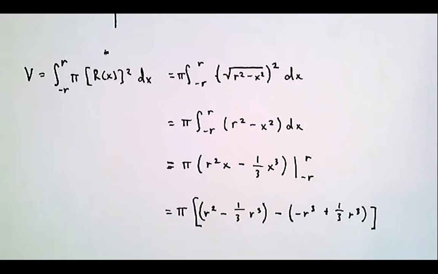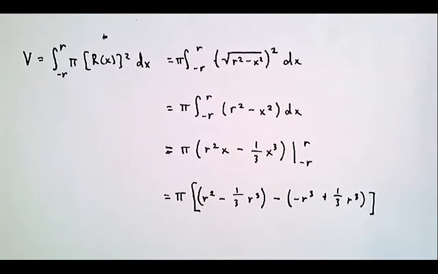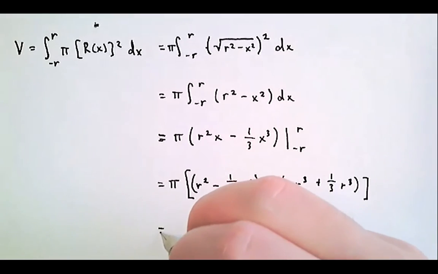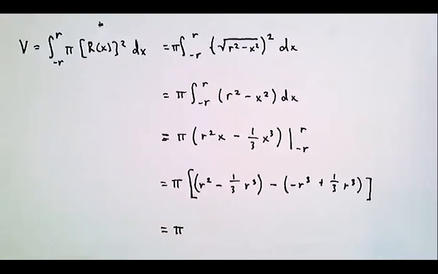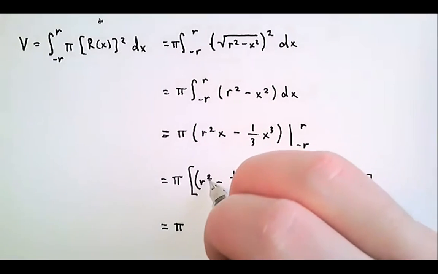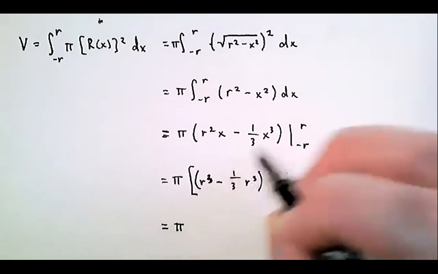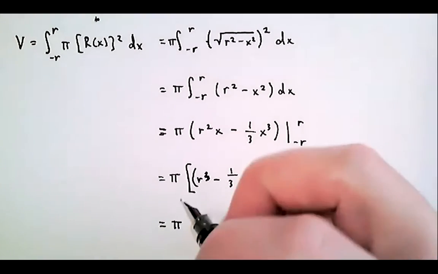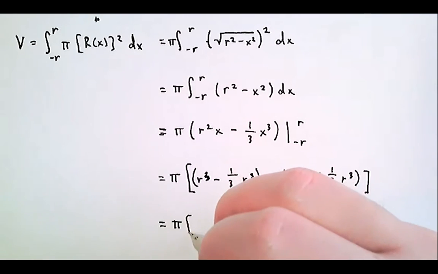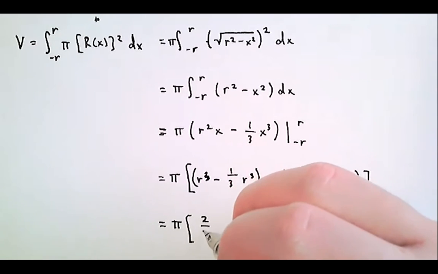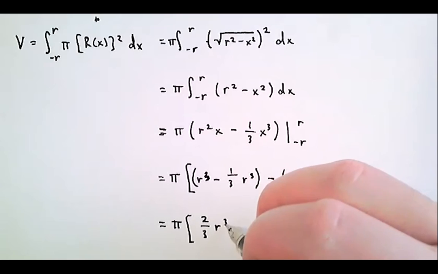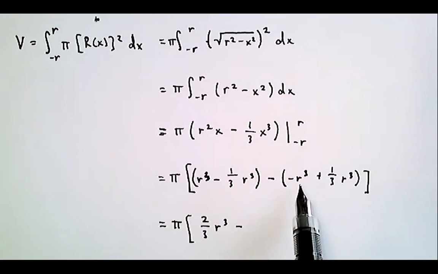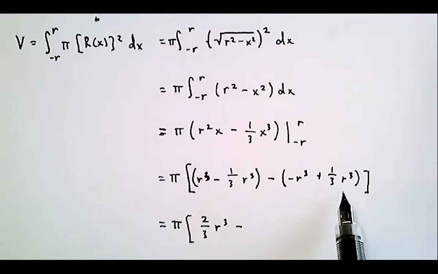And then just do the arithmetic of simplifying this expression. I said r cubed and root r squared. That fixes it. R cubed minus 1/3 r cubed is 2/3 r cubed. And then bring down this minus sign. We have minus r cubed plus 1/3 r cubed.